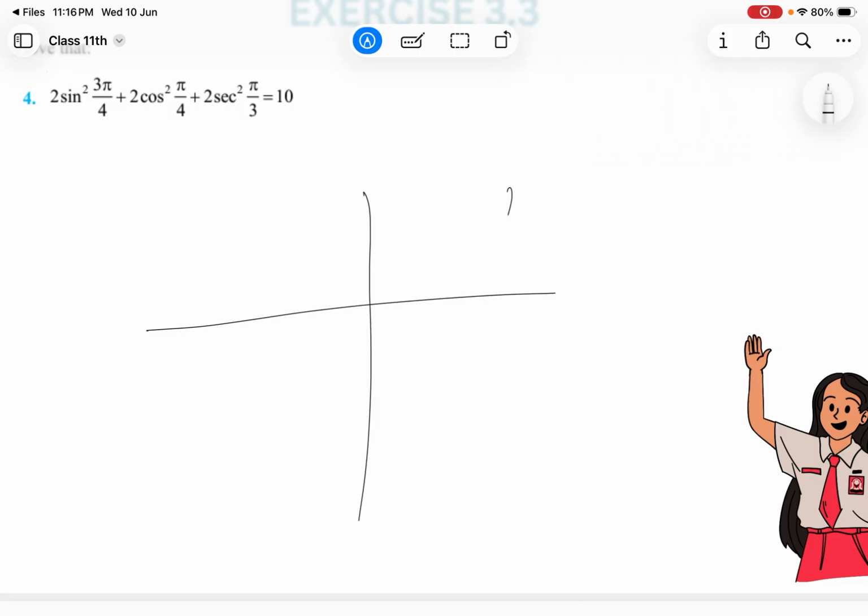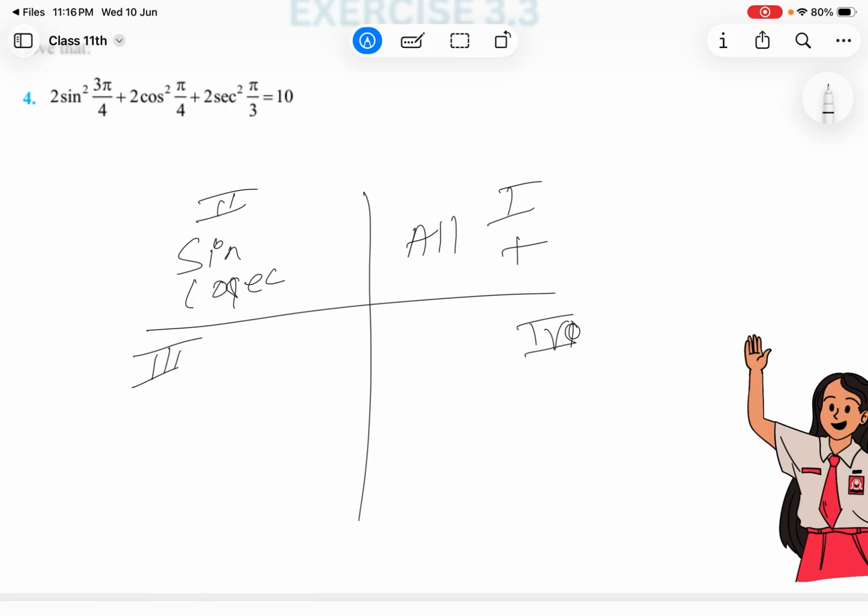So this is the quadrant, first, second, third, and this is the fourth. So here in the first quadrant, all the trigonometric functions are positive. Here sine and cosec are positive. Here cot and tan are positive. Here sec and cosec are positive, right?